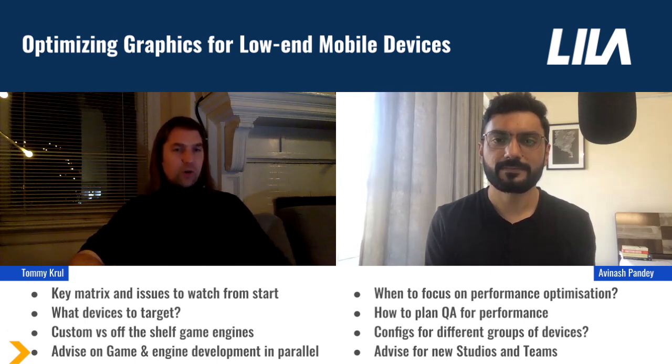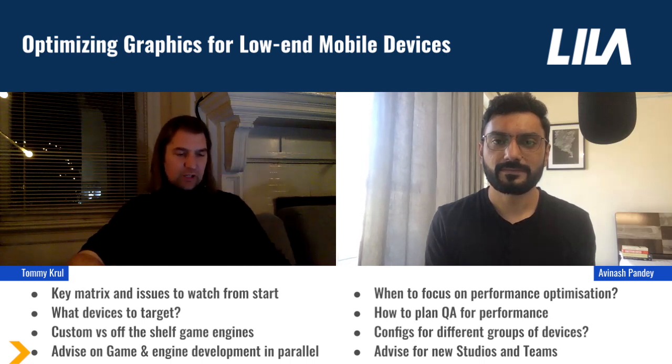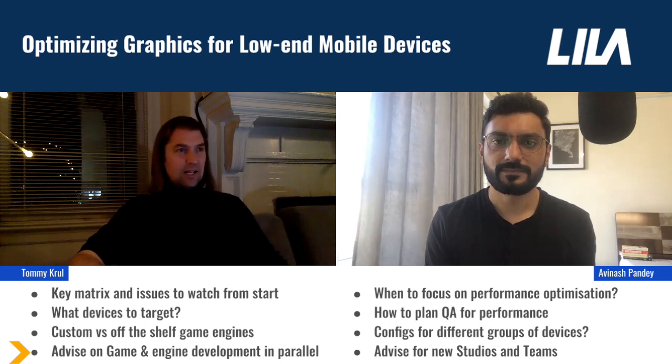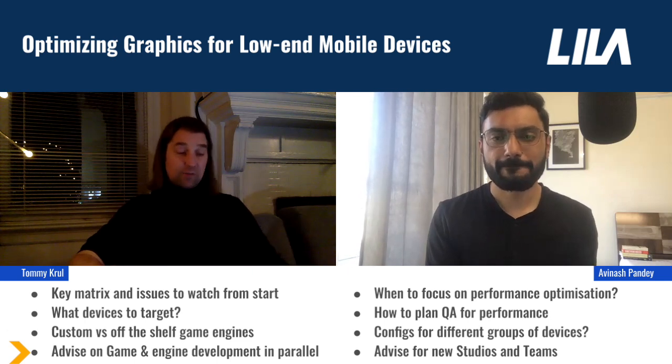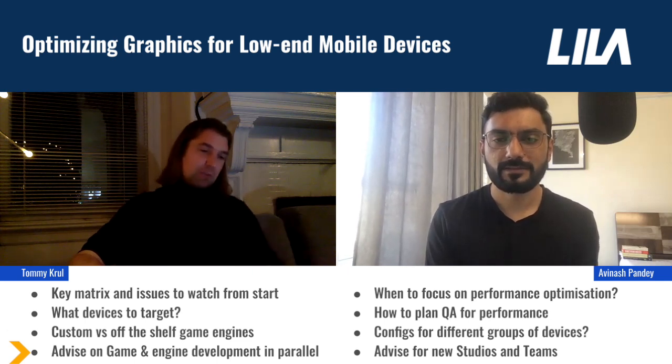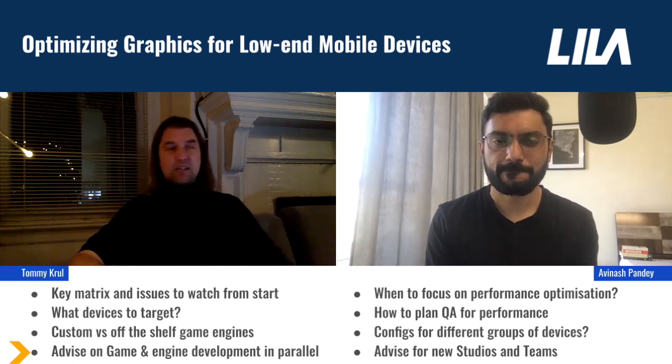So when you use a proprietary game engine, you optimize towards the specifics of the problem you're trying to solve. And to bring it back to optimizing for mobile game development, it's the same thing.